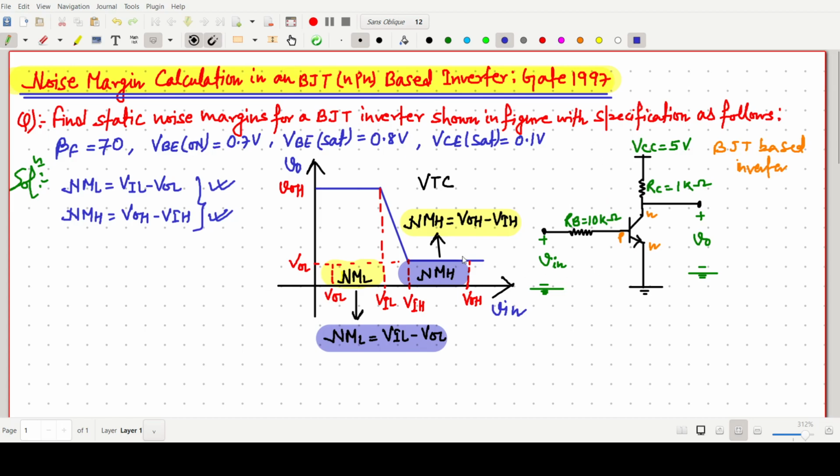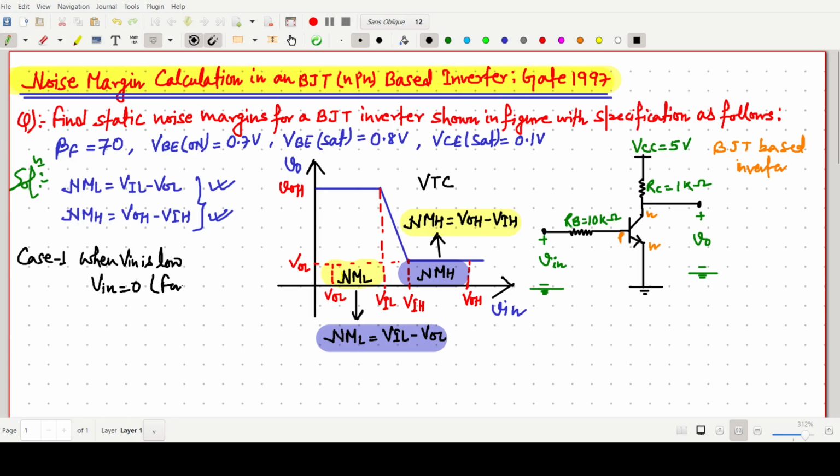Now this one is a BJT inverter. So when input is low, case 1, when V in is low, or we can say V in is 0. Ideally we are saying V in equals 0 for a low input.